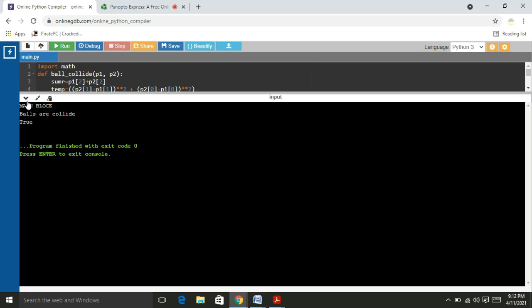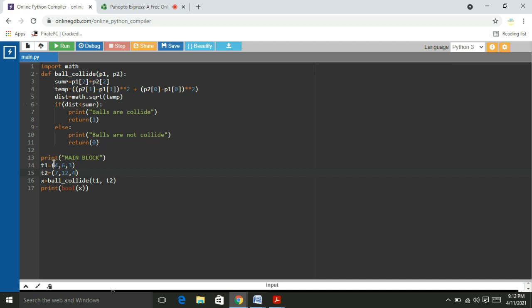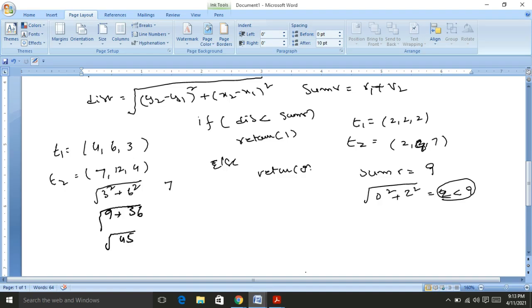Actually I will change the parameters because I will improve this value. Suppose out of 7 I will consider it as 17, right? 17, 11 square, that is 11 square, means 121, plus 6 square, 36.